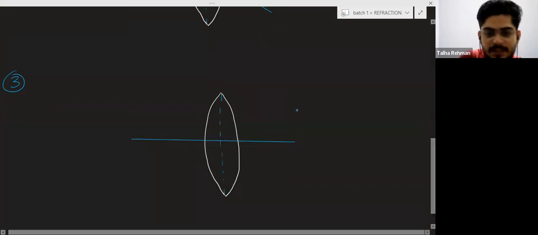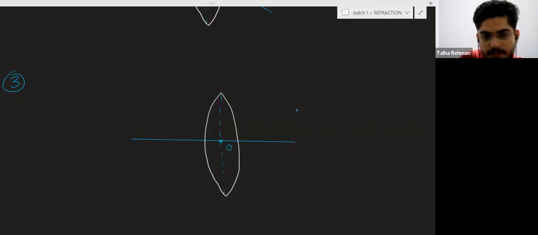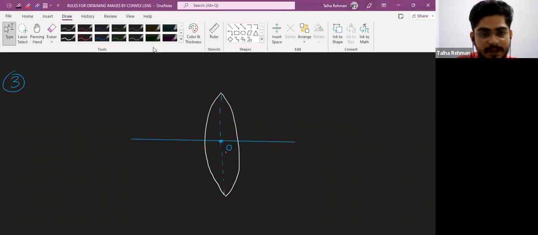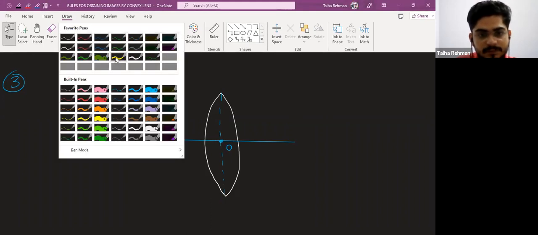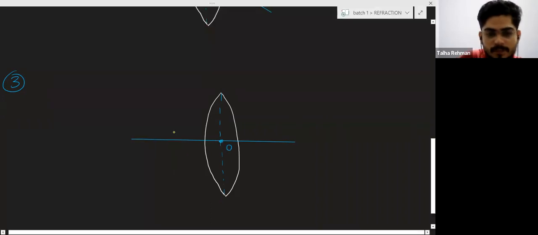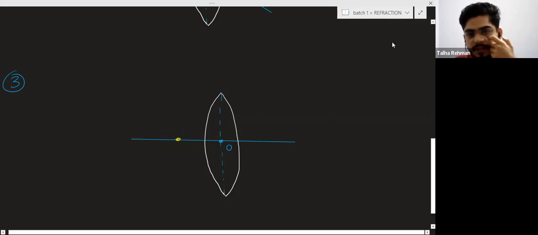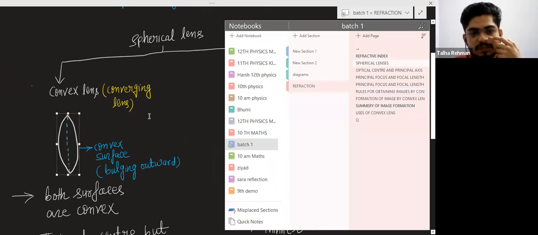This is the principal axis, this is the optical center, and suppose this time the light ray is... I have told you now that lenses have 2 foci.